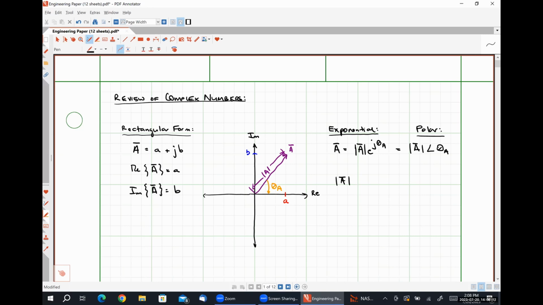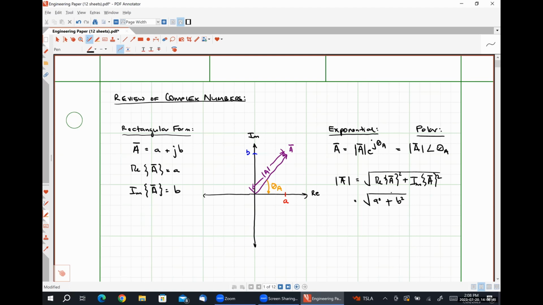We have a right triangle here, which means we can just use Pythagorean's theorem. So the magnitude of A is going to be the square root of the real part of A squared plus the imaginary part of A squared, which is nothing more than the square root of a squared plus b squared.